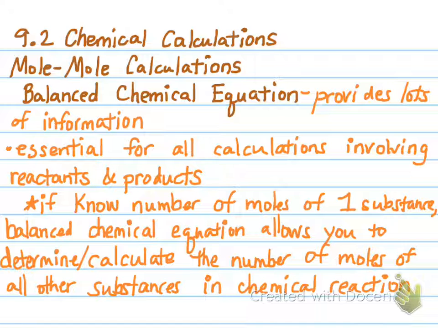So again, it's going to be based a little bit on what we did the other day when we looked at our balanced chemical equation and we interpreted it in terms of moles. Remember, the coefficients in our balanced chemical equations tell us the relative numbers of moles of all of our substances.